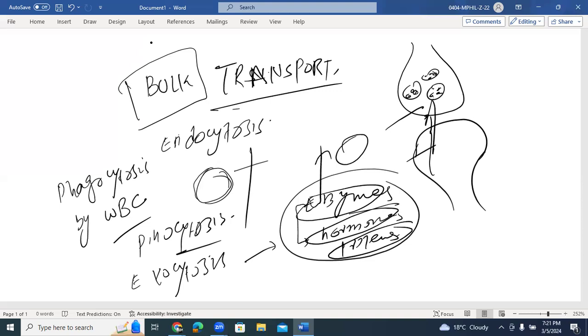I think we have completed this topic, and we will go on to the mitotic cell cycle in our next lecture. We're doing well, hopefully, but you have to choose one day for practice.